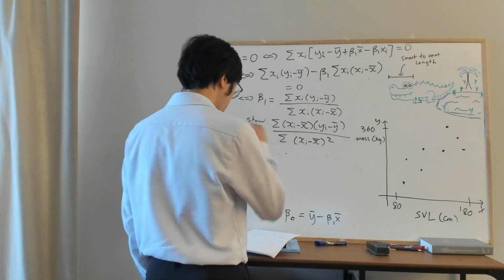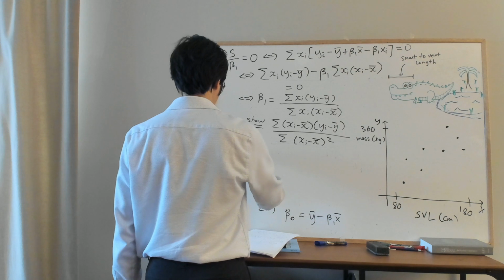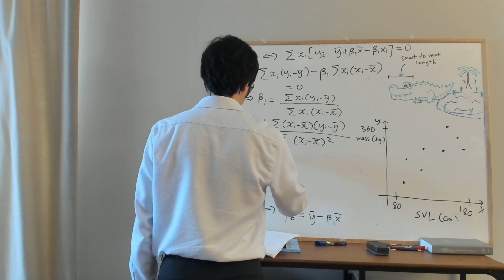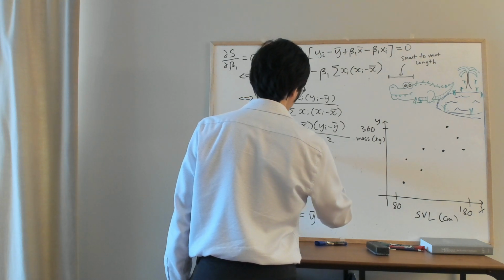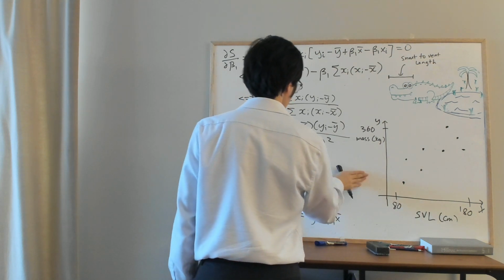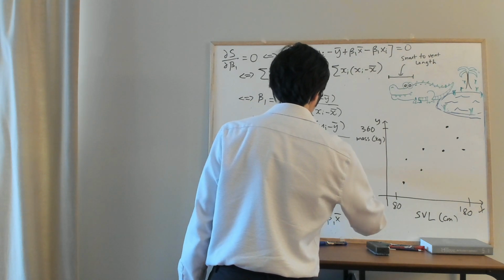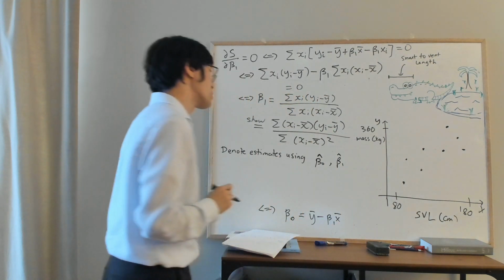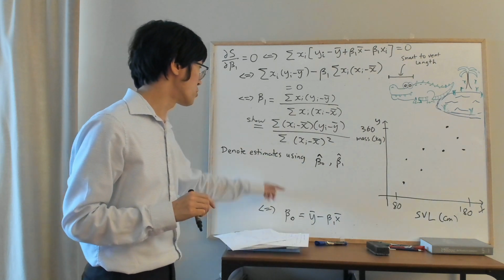So we denote estimates using a hat on top. So we put beta 0 hat and beta 1 hat as the estimates computed from data, which are these two expressions.